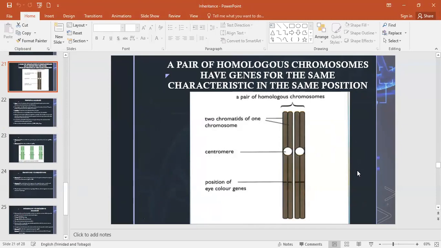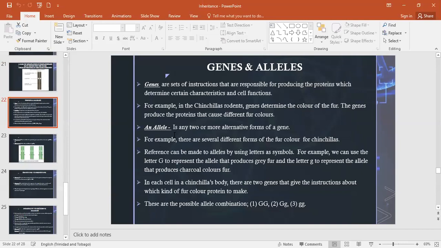So this brings us to talking about what is an allele. This is where things get a little bit more complicated, but once you understand this, you will be good. A gene is basically instructions. They are responsible for producing a particular type of protein which will determine characteristics and cell function.